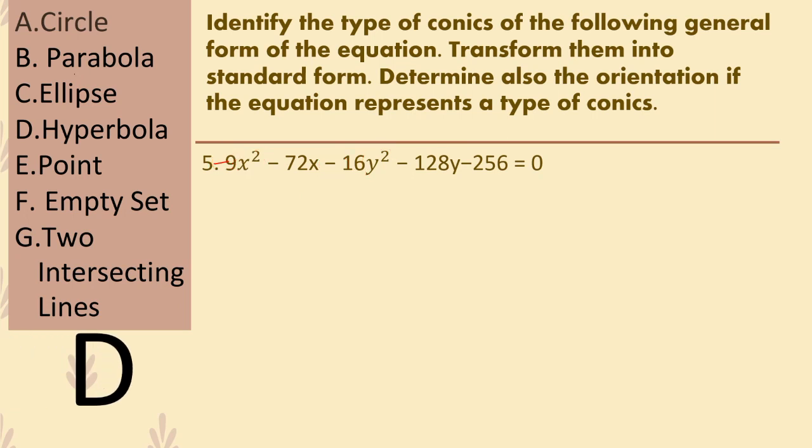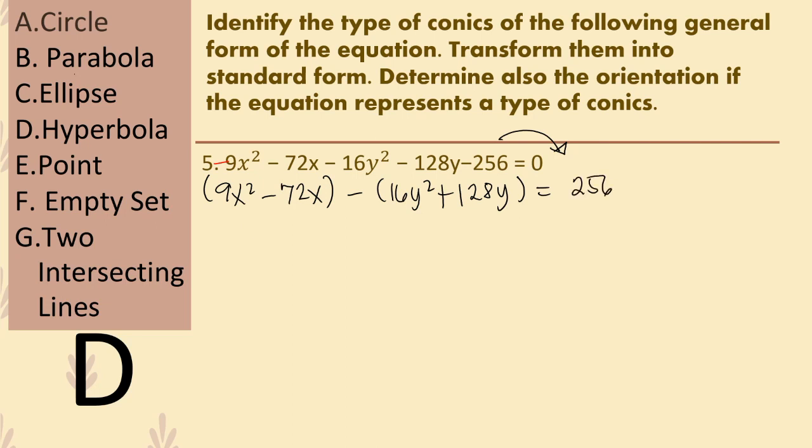Tatransform naman natin ito into standard form by first grouping the x and y's. So, 9x squared minus 72x minus 16y squared minus 128y is equal to, so transform ito sa kabila, 256.